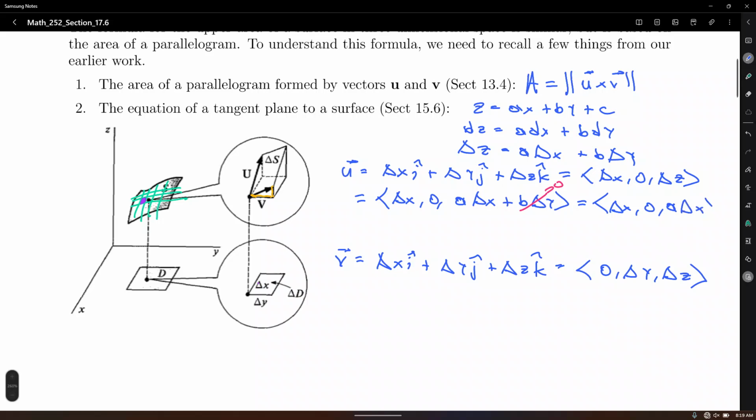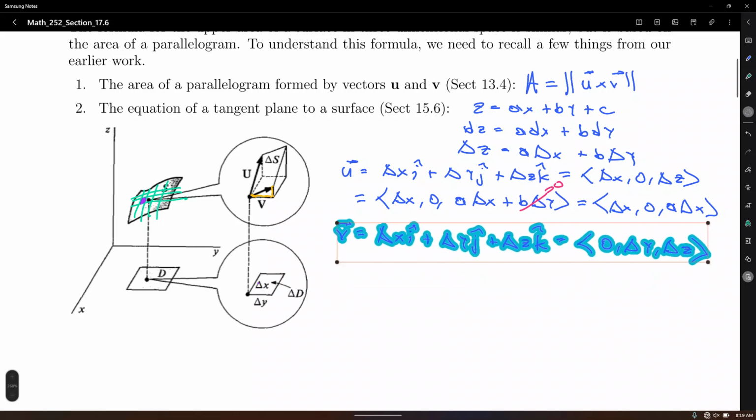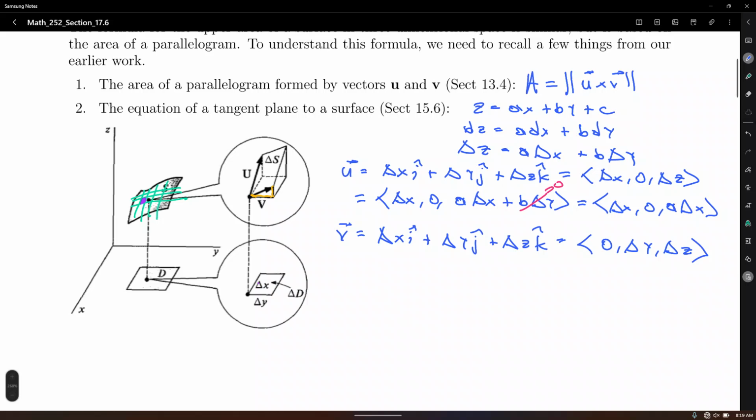In a similar way, I'm going to express this vector v by replacing delta z in terms of delta x and delta y. So this will be 0, delta y, delta z, which again is a delta x plus b delta y.